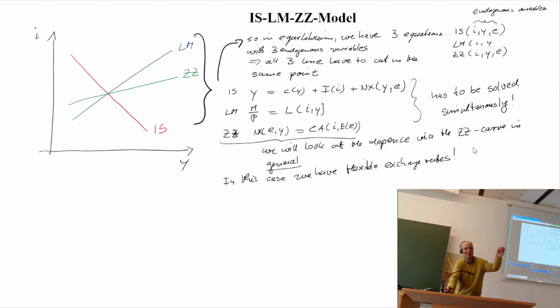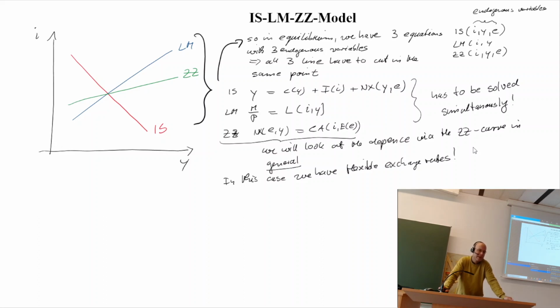Well, for once, until 1973, we had in the world, in the system of Bretton Woods, fixed exchange rates, but still also we have in the world some countries which have fixed exchange rates. In some cases fixed exchange rates with respect to the euro, or in more cases, especially in South America, fixed exchange rates of countries with respect to the US dollar.